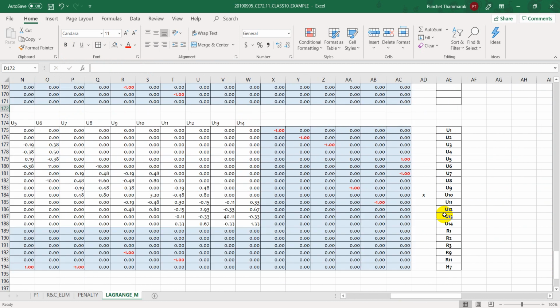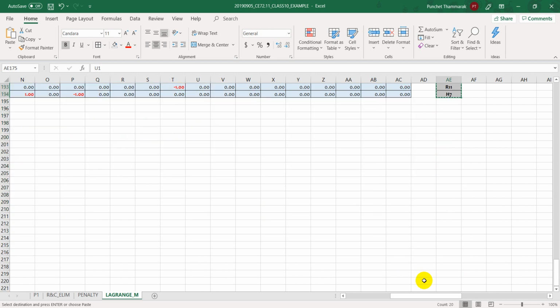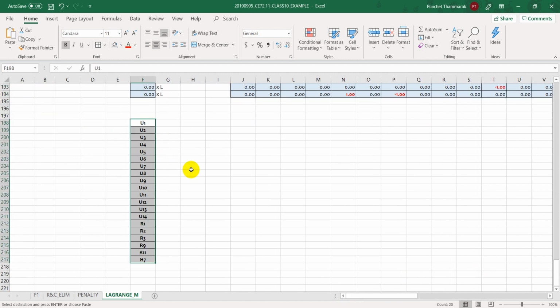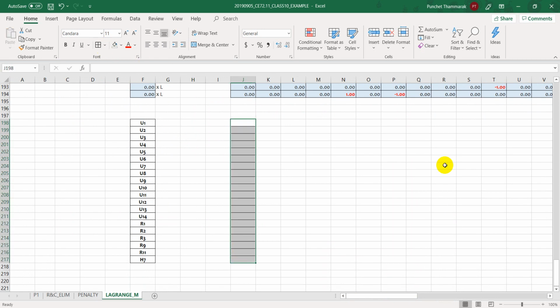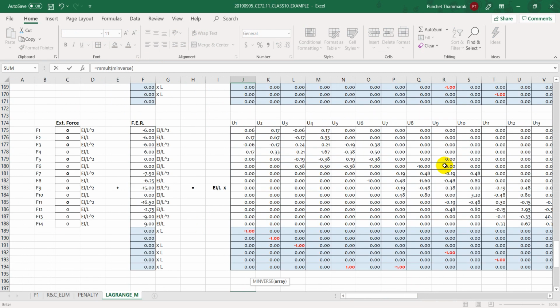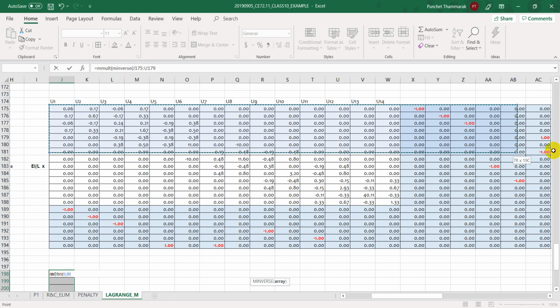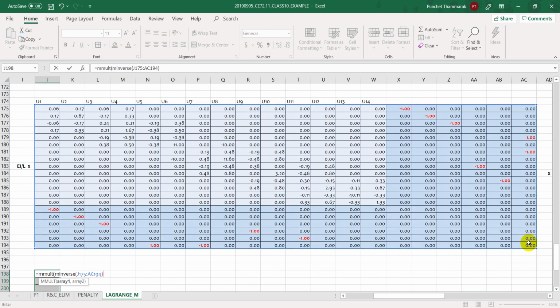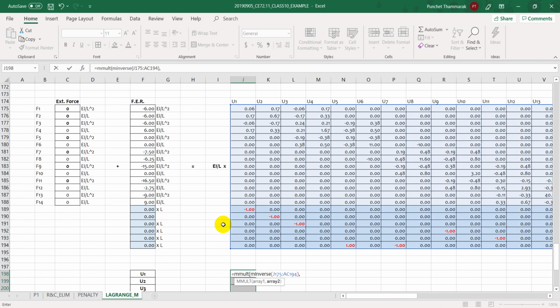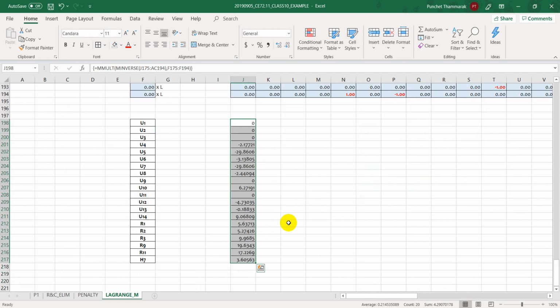So the inverse of this with this. Every time I hit enter for the solution, kind of exciting.